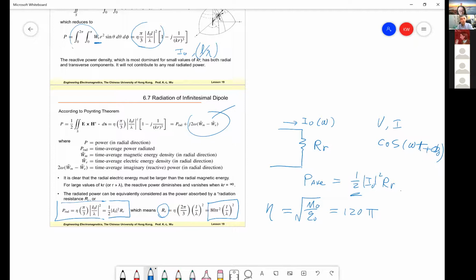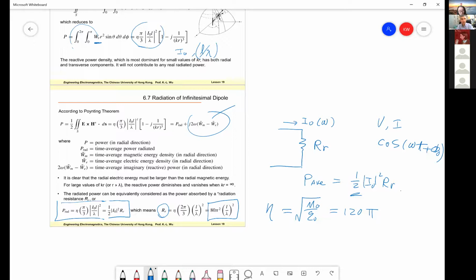So now I hope we have a clear picture of how a plane wave is created. And then we described what is the real energy and what is the imaginary energy that relates to the stored energy.